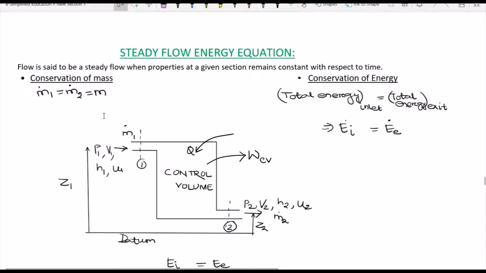And for conservation of energy, the total energy at inlet will be equal to the total energy at exit. That is, E at inlet equals E at exit.